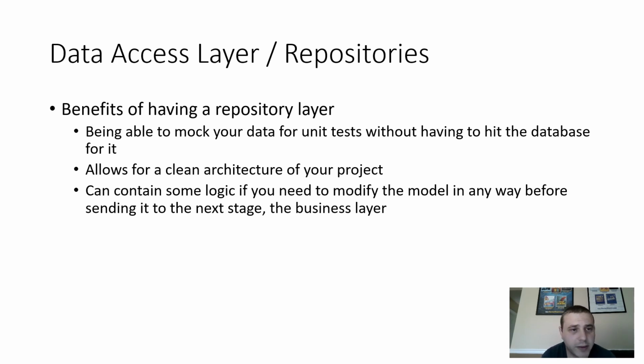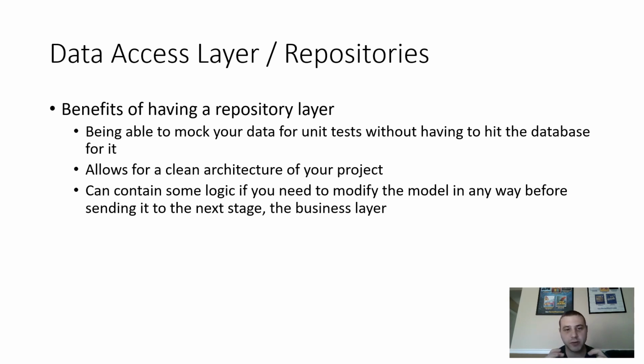Benefits of having a repository layer: it's being able to mock your data for unit tests without having to hit the database for it. It allows for a clean architecture of your project. So everything that we're talking about here, all these different layers, are to maintain a scalable architecture and maintain separation of all these different layers.